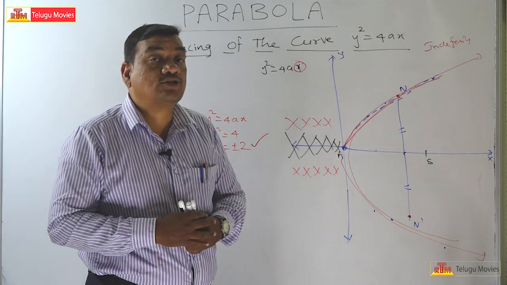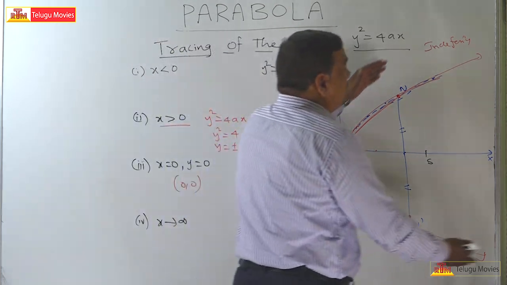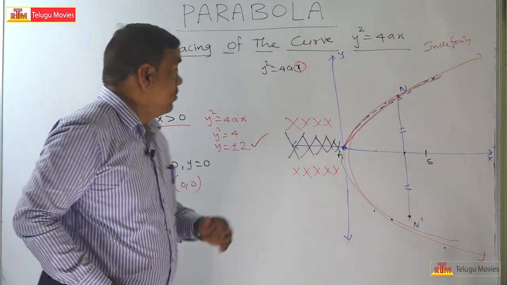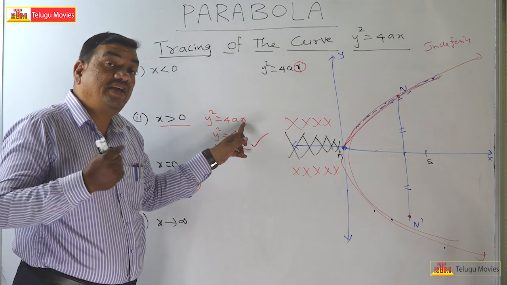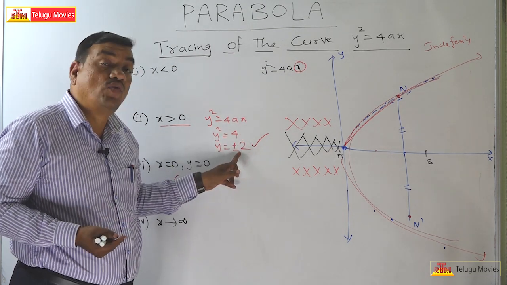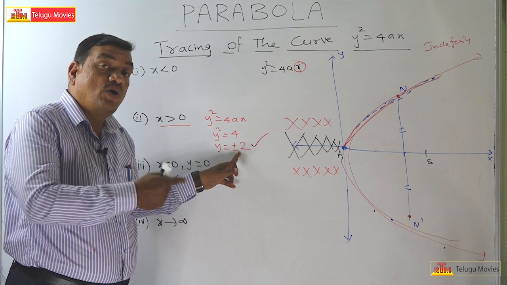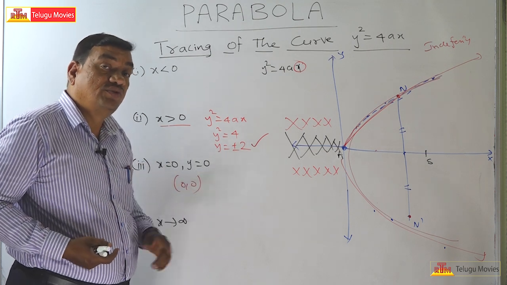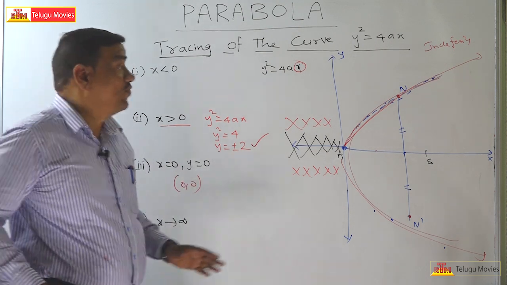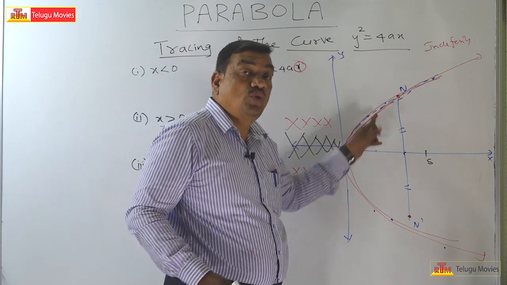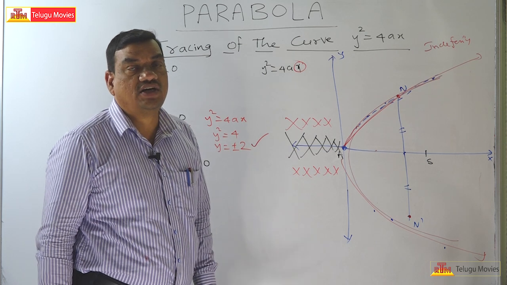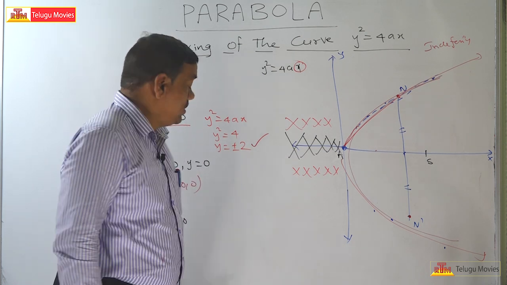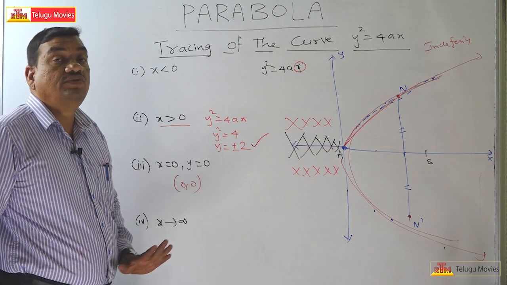You may ask one doubt: sir, if it goes on increasing, somewhere they will meet. No. Why? Because here x is greater than 0, and for every x value you are getting 2 y values, one positive and one negative. Therefore, there is no chance of meeting of these two branches. We can call them branches. Understand this? So this is called the tracing of the curve.